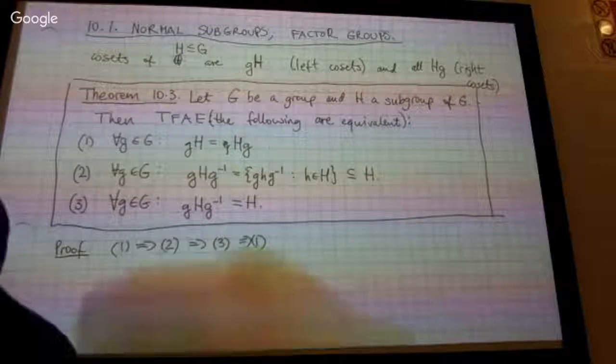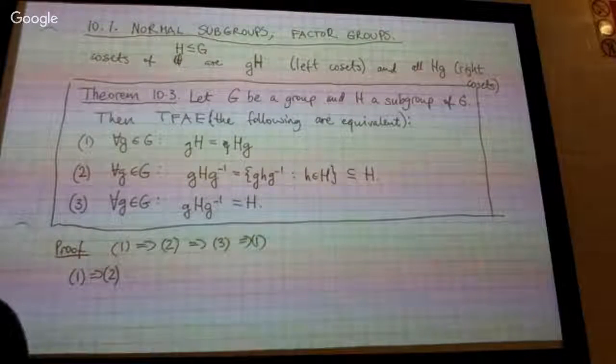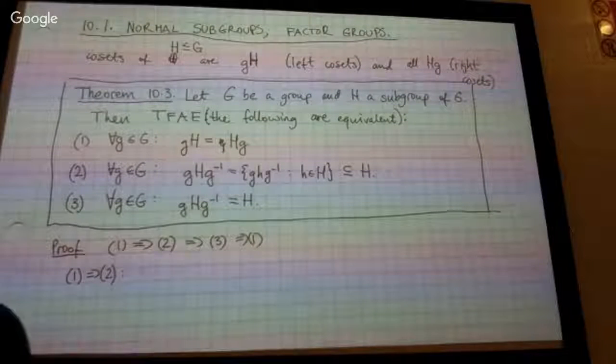Okay, so to prove 1 implies 2. Let's have a look. So what do we need to prove? We're assuming that any left coset is the same as any right coset.